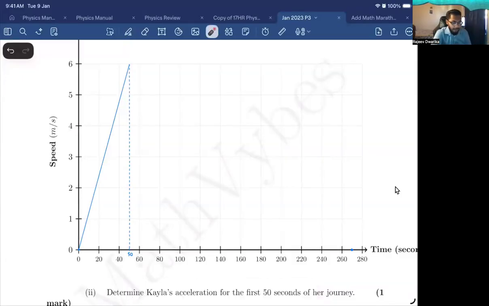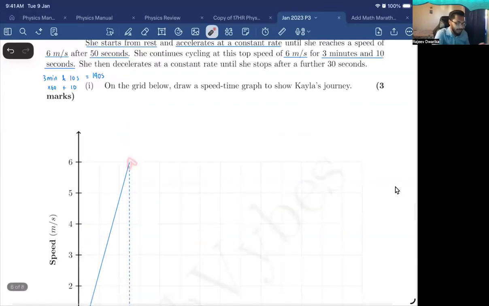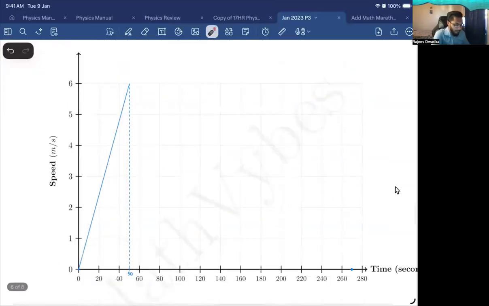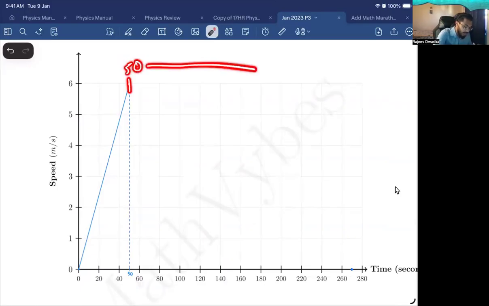So, Nikolai, it took her 50 seconds to reach 6 meters per second. Yes, sir. And from this point, she then maintained her speed for 190 seconds, right? So if this is 50 and she continued at the same speed for another 190 seconds, what would be the end point? How much time?